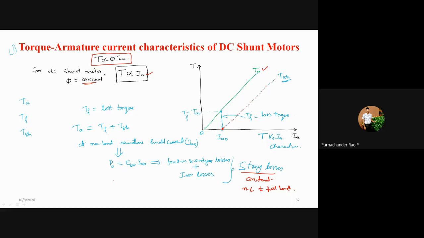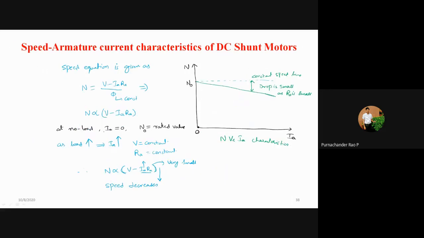We have also seen the speed versus armature current characteristics. Your speed is given as N equals V minus Ia Ra by phi, and for the shunt motor this phi is constant, so the speed is proportional to V minus Ia Ra. For a constant applied voltage, whenever you increase Ia, the Ia Ra drop increases, and therefore the net speed of the motor gets reduced.